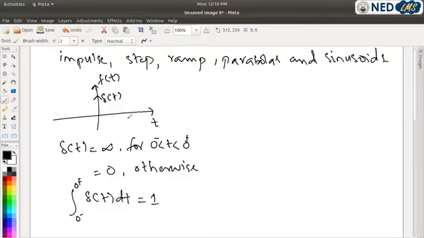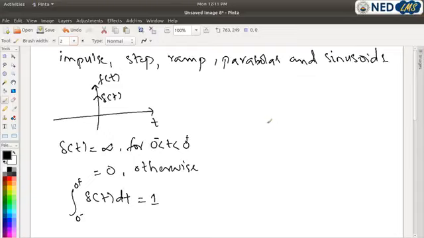The response due to this input is the transient response only, since the waveform does not exist just after t greater than 0 plus. So the response is only the transient response of the system. So the designer can use this test input to derive a mathematical model of the system, since the mathematical model is only related to the transient response or natural response of the system.